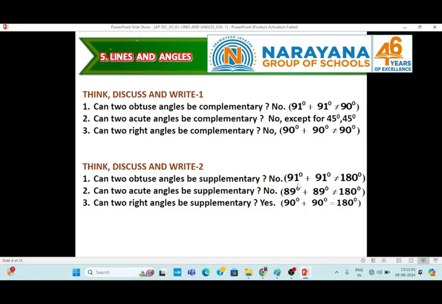Here, take 91 plus 91, which is more than 180, not equal to 180. One example is enough. So, no. Can two acute angles be supplementary? No. 89 plus 89 is less than 180. Can two right angles be supplementary? Yes. 90 plus 90 equals 180.